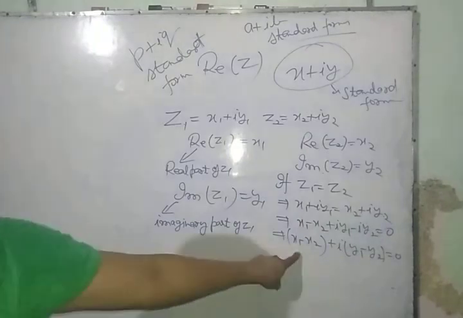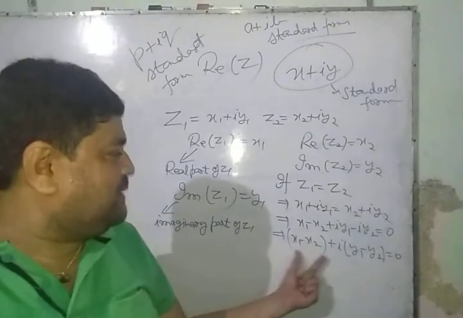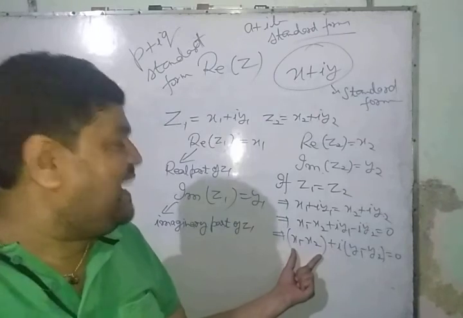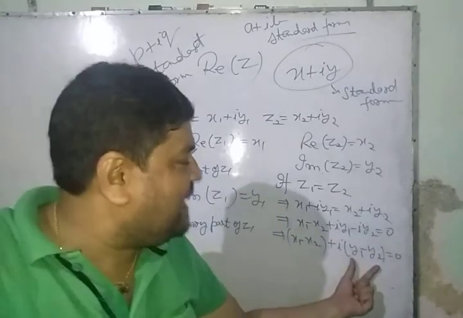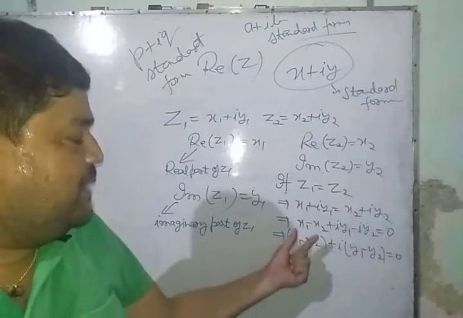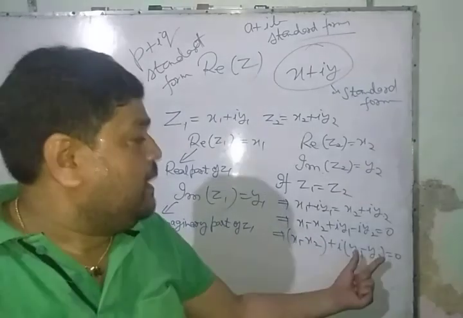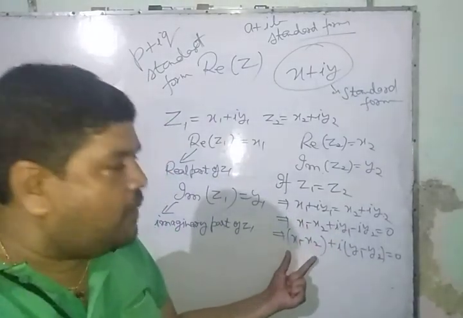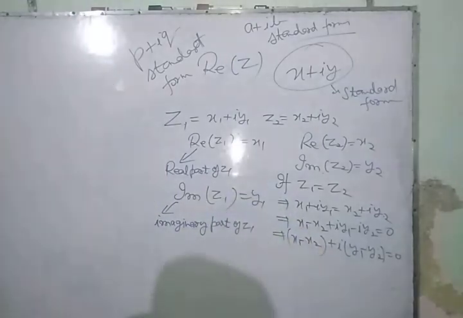So now this complex number is in its standard form, x plus iy. In place of x, what do you see? x1 minus x2. In place of y, y1 minus y2. The imaginary part of this complex number is y1 minus y2, and the real part is x1 minus x2.